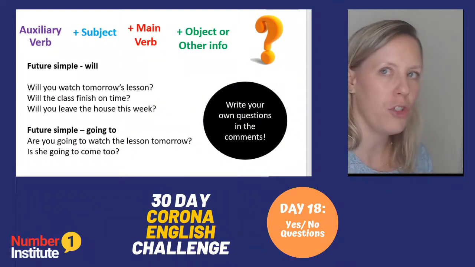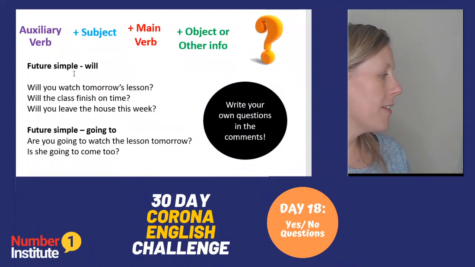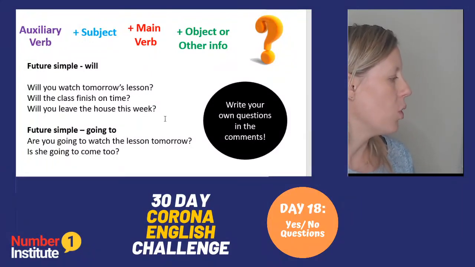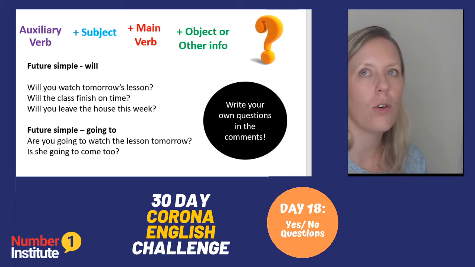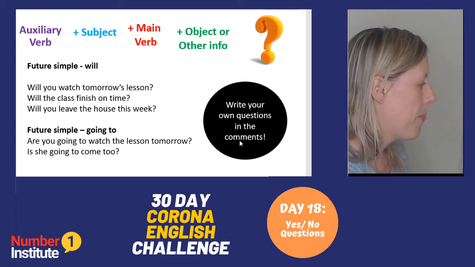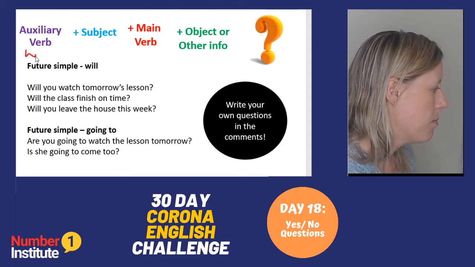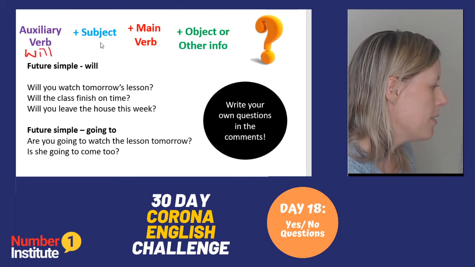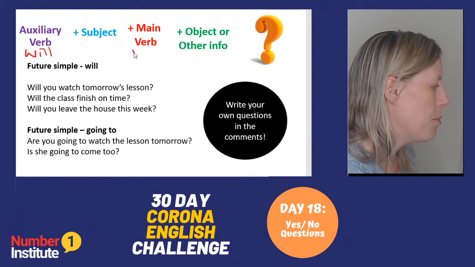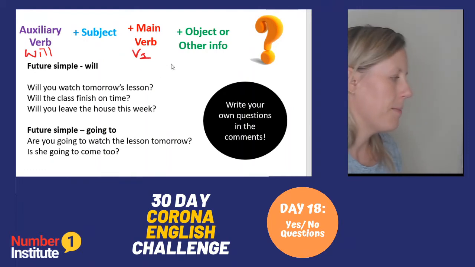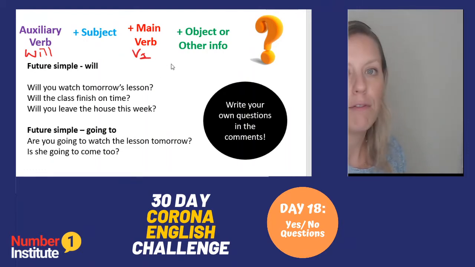Alright, so let's do future. Some examples. Will you watch tomorrow's lesson? Will the class finish on time? Will you leave the house this week? So we use will, the subject, and then the verb in the base form. Finish, watch, leave.